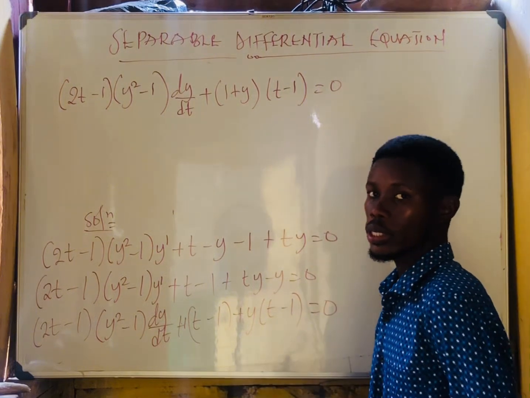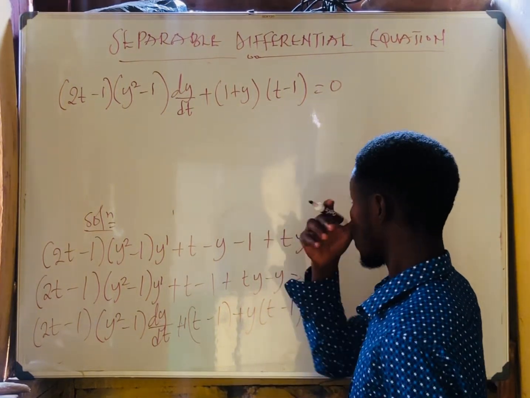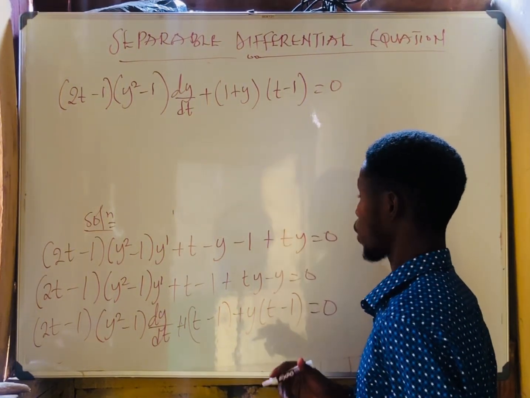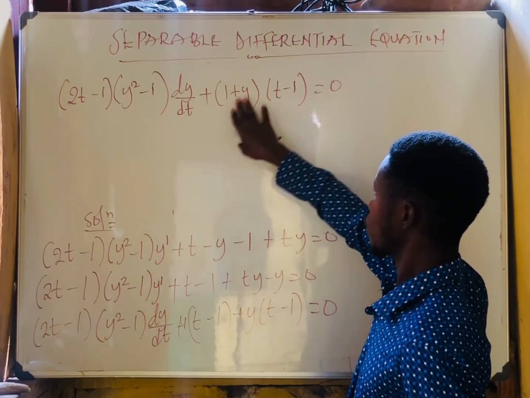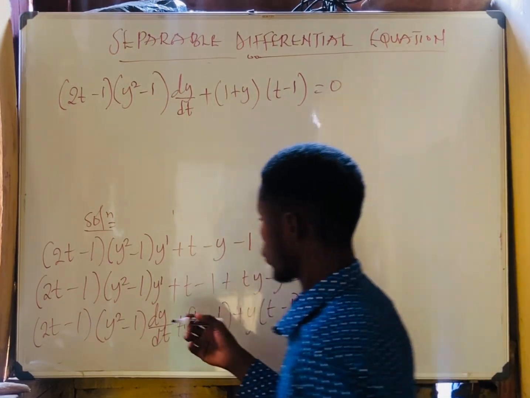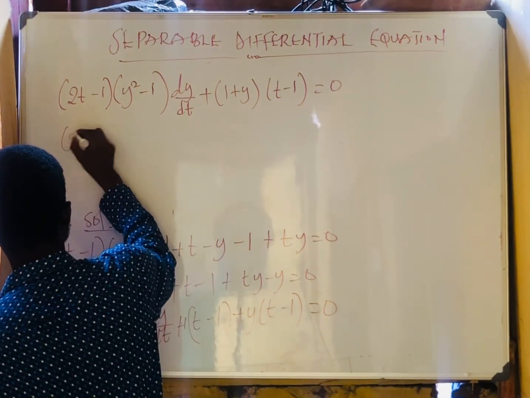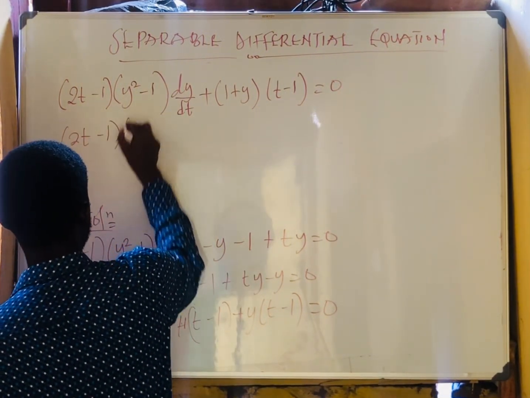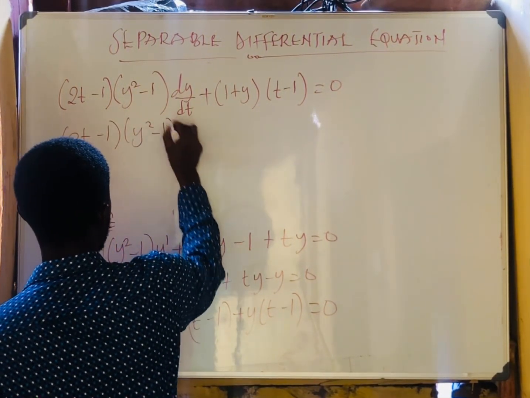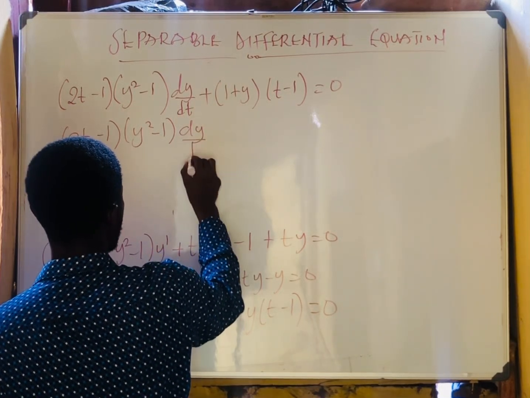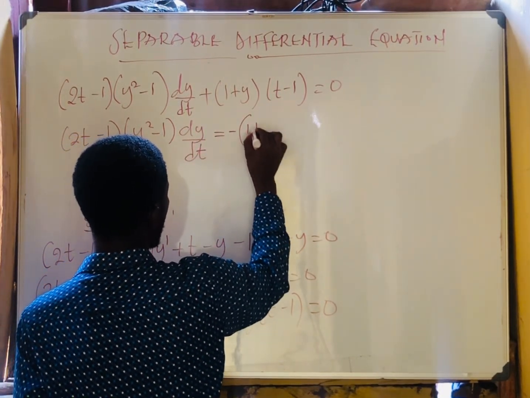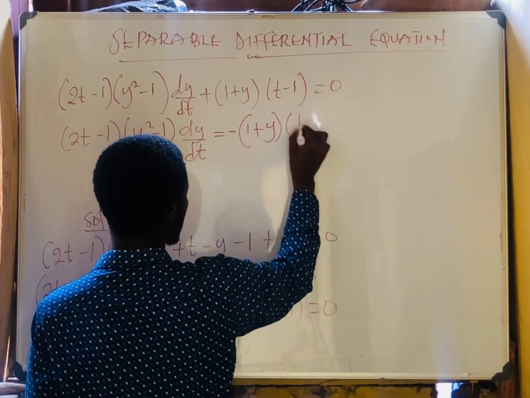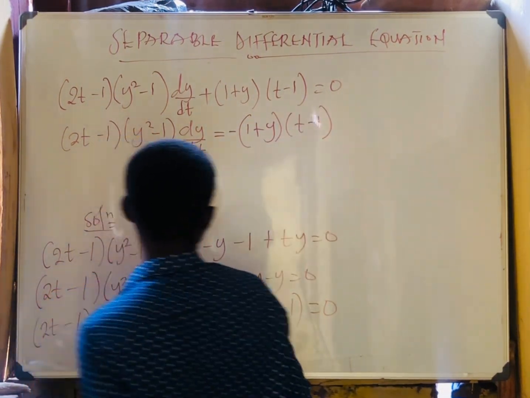Is that okay? So now that we have this, now we can easily do something here. You realize that I can send all this one to this place. So let's do that and see. 2t minus 1 y squared minus 1 dy dt equals negative 1 plus y t minus 1. Is that okay?